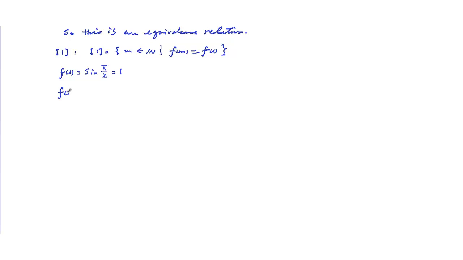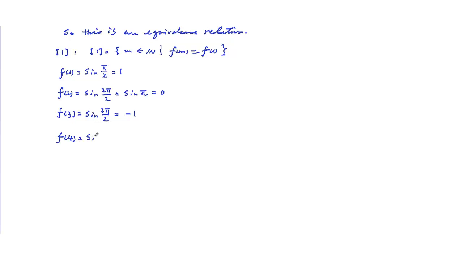Next, f(2) means sin(2π/2), that reduces to sin π, and remember, sin π equals 0. Then f(3) will be sin(3π/2), and remember, sin(3π/2) is -1.